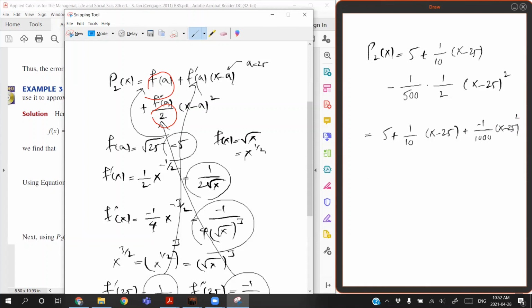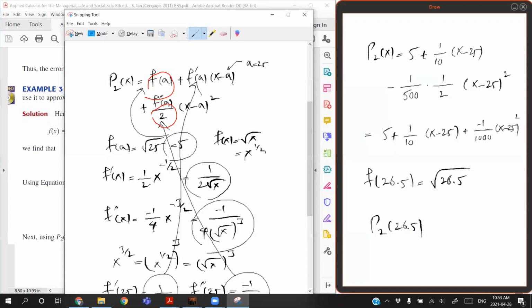So now I can plug in in order to approximate f of 26.5, which is root 26.5. I can plug in 26.5 into P2 of x.